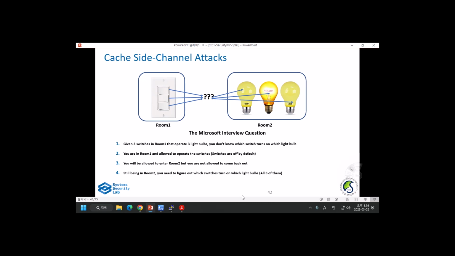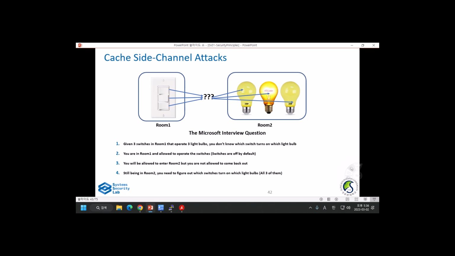So you walk into room number 1 and you see these switches, and you're about to enter room number 2, where the light bulbs are actually located. You'll be allowed to leave room 1 and enter room 2 to look at those 3 light bulbs, but you cannot go back and operate the switches.